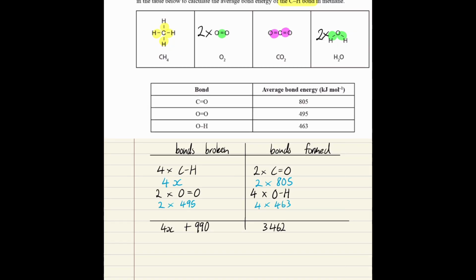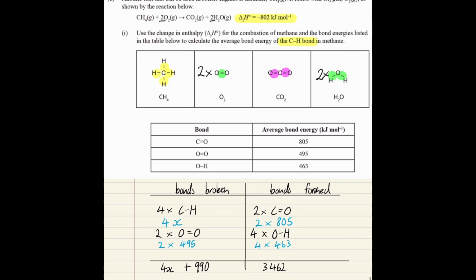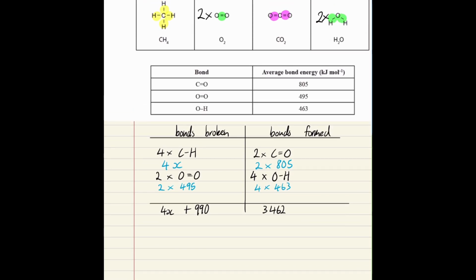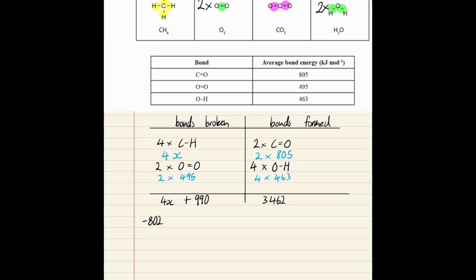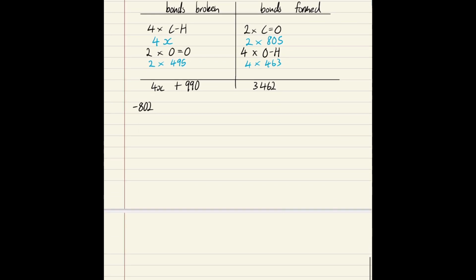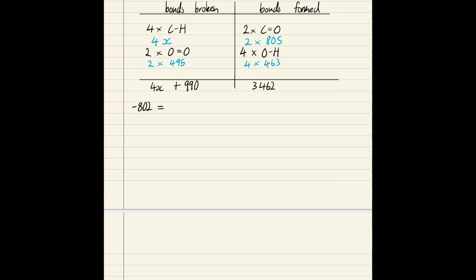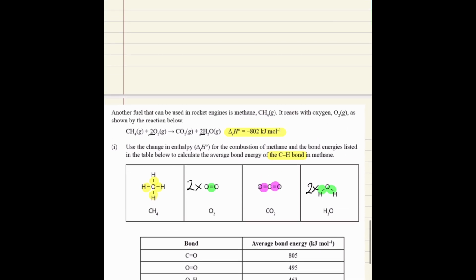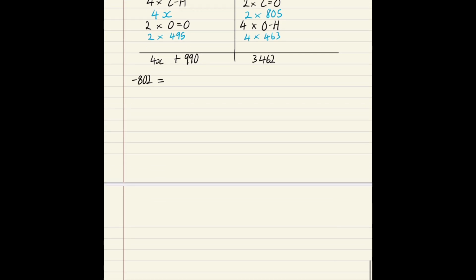Using the equation that we're given plus the delta RH value, I'm going to make an algebraic equation. Negative 802, because that was the delta RH value that I was given up here, equals (4x plus 990) minus 3462.